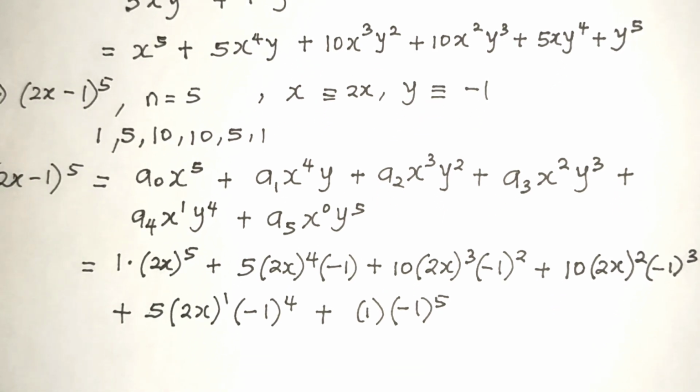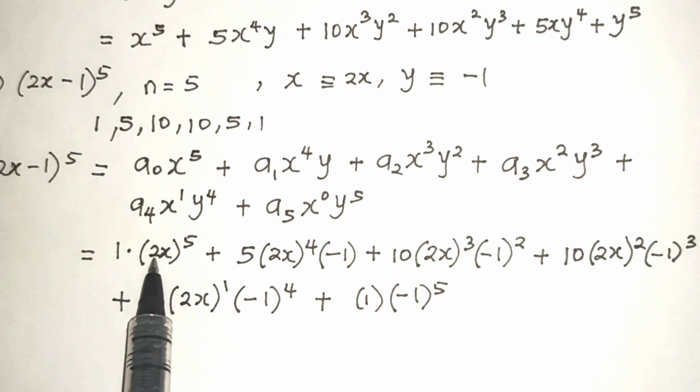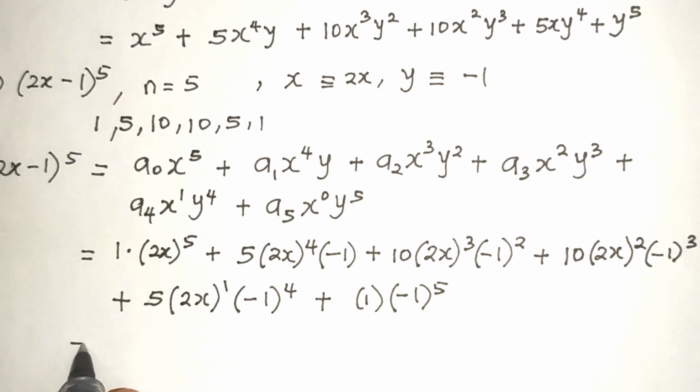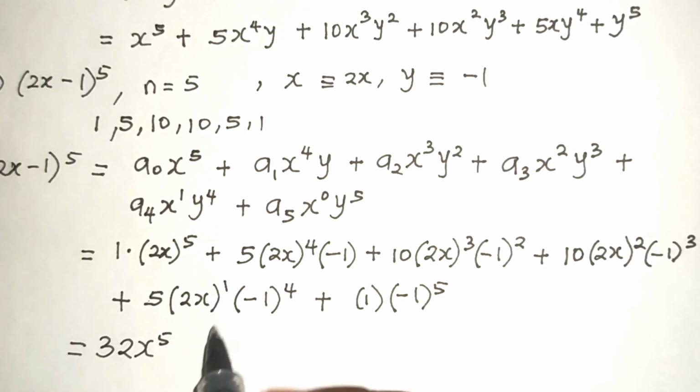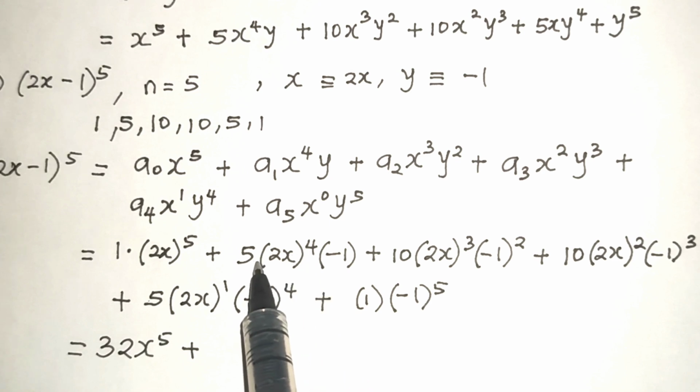So if we multiply out, we are going to have here 2 raised to the power 5 is 32, 32x^5, plus 2 raised to the power 4 is 16. 16 times 5 is equal to 80.